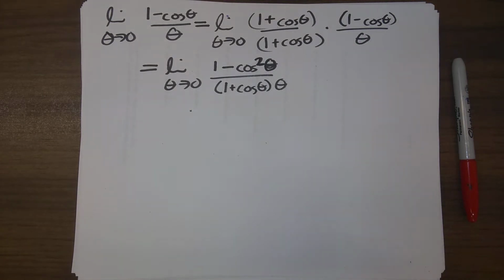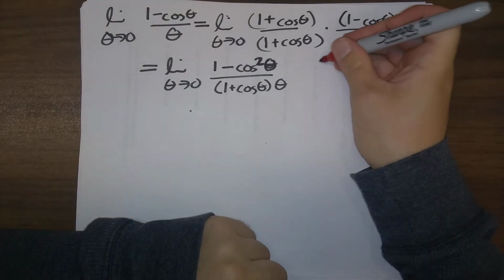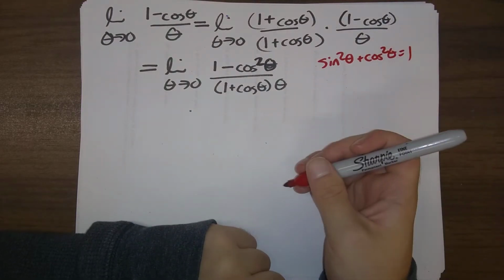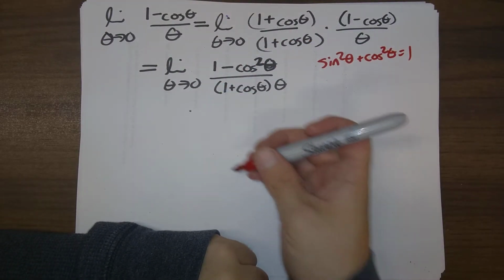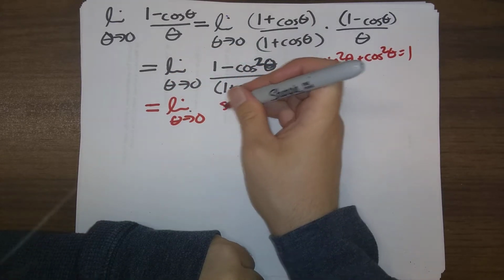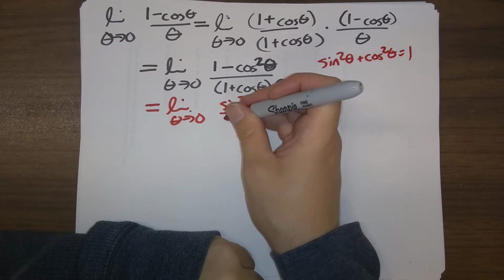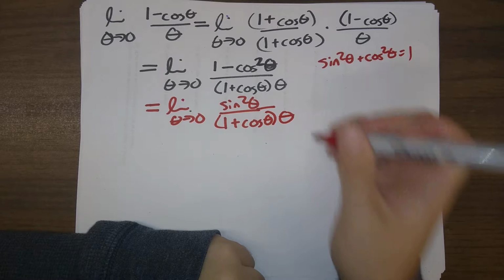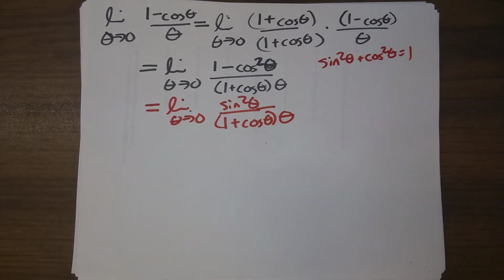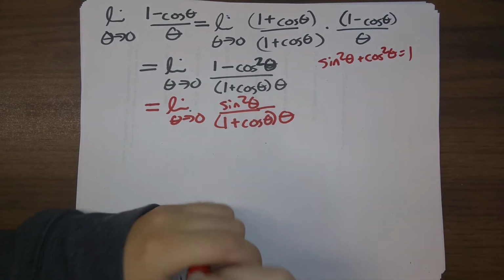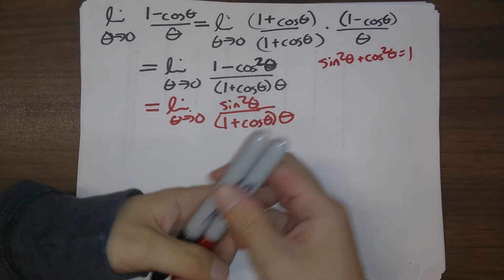And take a second, why do we want 1 minus cosine squared theta? Trig identity: sine squared theta plus cosine squared theta is equal to 1. So 1 minus cosine squared theta manipulates to sine squared theta over 1 plus cosine theta times theta. Okay, so at this point, we have two factors of sine theta in the numerator, and we have two factors in the denominator.